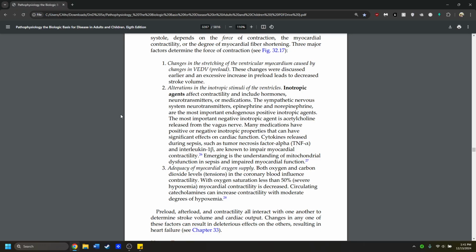Cytokines released during sepsis, such as tumor necrosis factor alpha and interleukin 1 beta, are known to impair myocardial contractility. Emerging is the understanding of mitochondrial dysfunction in sepsis and impaired myocardial function, which explains why when we have a septic patient, they become hypotensive due to the fact that they are no longer getting that positive inotropic agent, epinephrine and norepinephrine, neurotransmitters from the sympathetic nervous system.